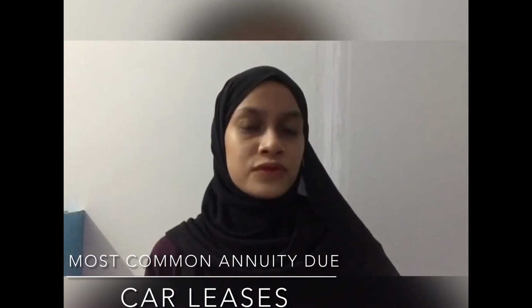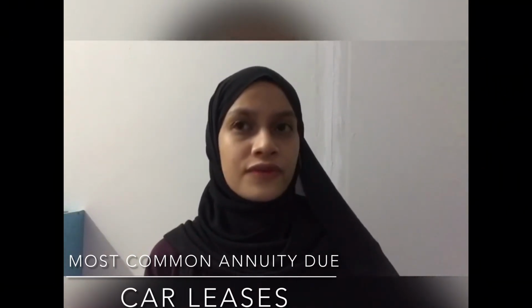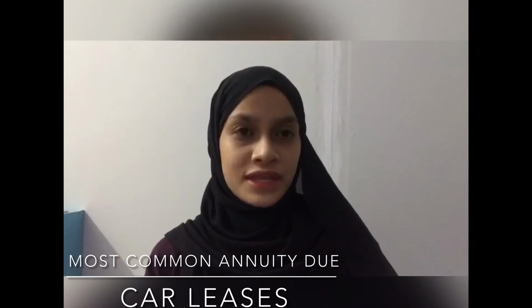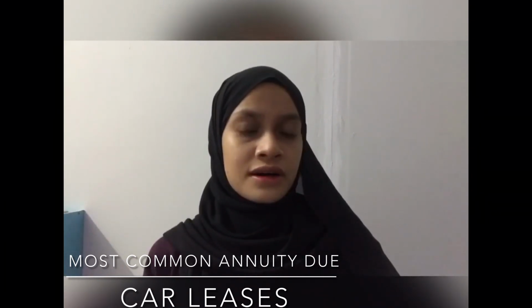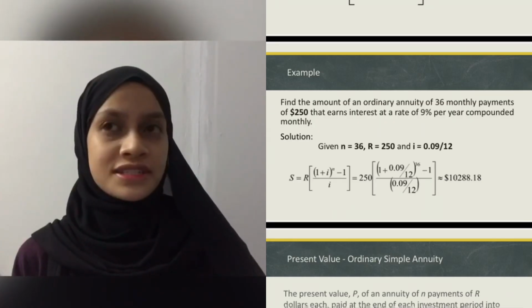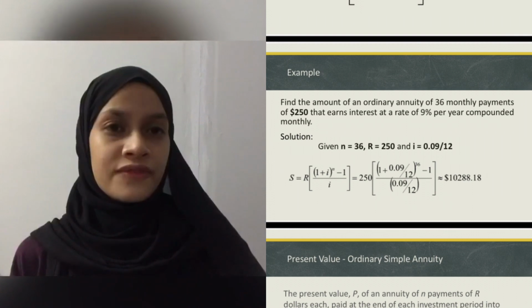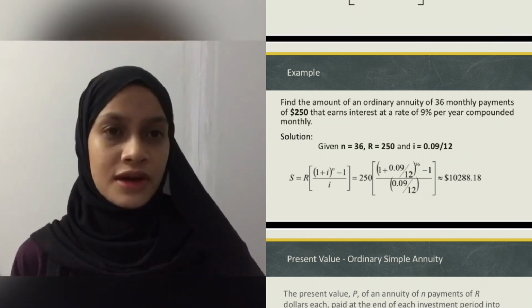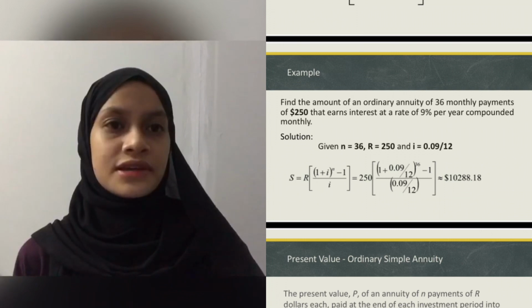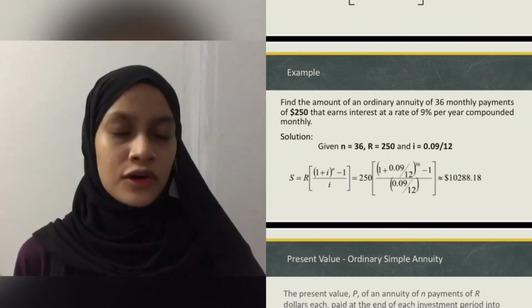Okay, example to find the future value of ordinary simple annuity. Find the amount of an ordinary annuity of 36 monthly payments of $250 that earns interest at a rate of 9% per year, compounded monthly.